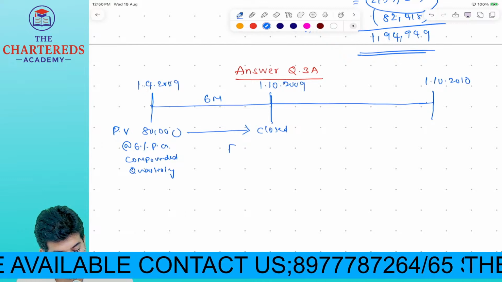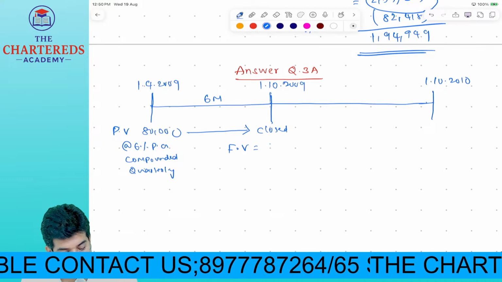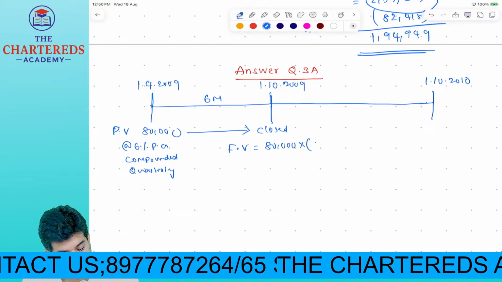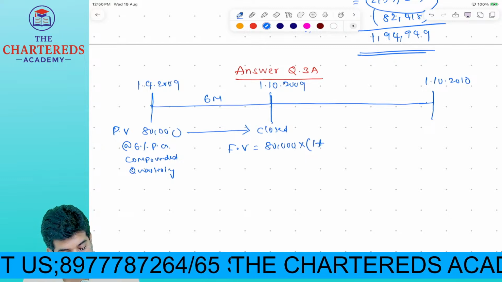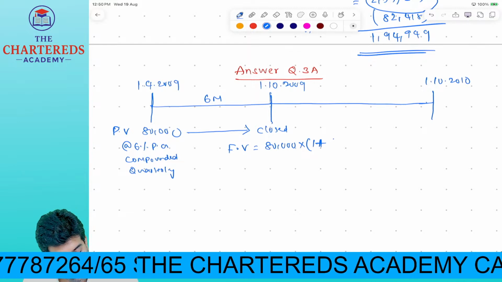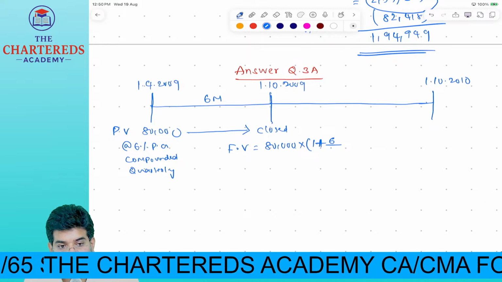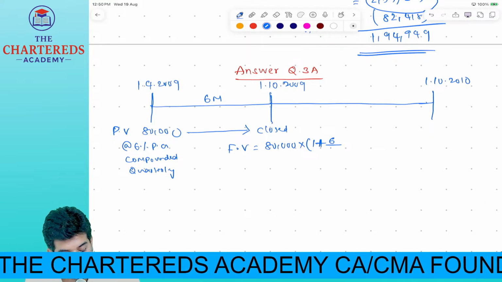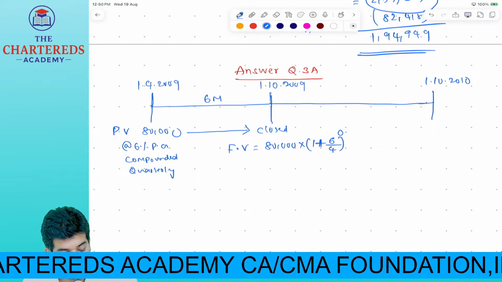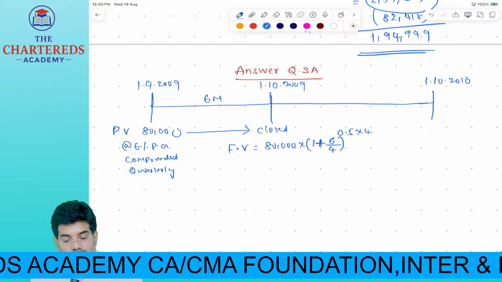So what is the future value of this one? Future value is equal to 80,000 into 1 plus 6 by 4, with 4 times compounding in a year, whole power 0.5 into 4. The period is 6 months, so 0.5.